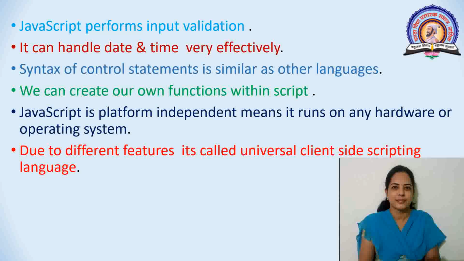Such types of validations can be done in JavaScript. Then next, it can handle date and time very effectively, because in JavaScript we have a Date object with different methods like getDate, setDate or setTime.